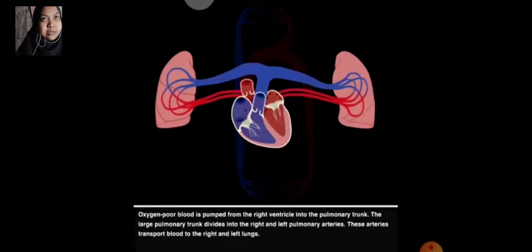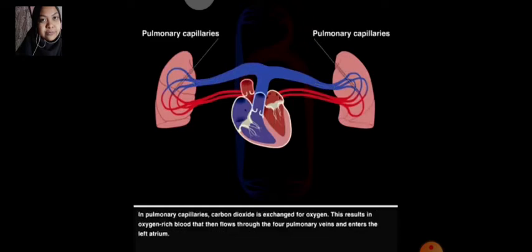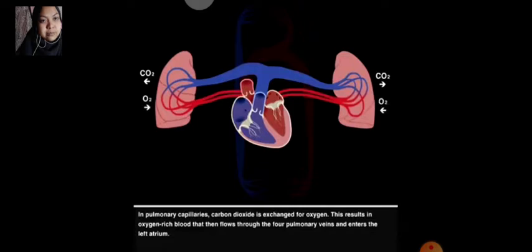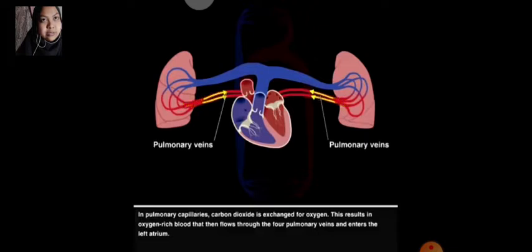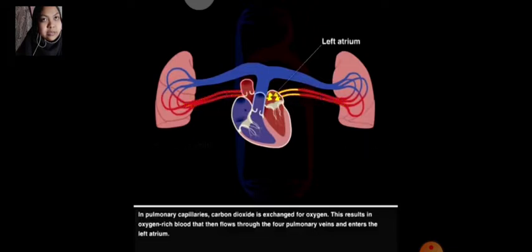Oxygen-poor blood is pumped from the right ventricle into the pulmonary trunk. The large pulmonary trunk divides into the right and left pulmonary arteries. These arteries transport blood to the right and left lungs. In pulmonary capillaries, carbon dioxide is exchanged for oxygen. This results in oxygen-rich blood that then flows through the 4 pulmonary veins and enters the left atrium.